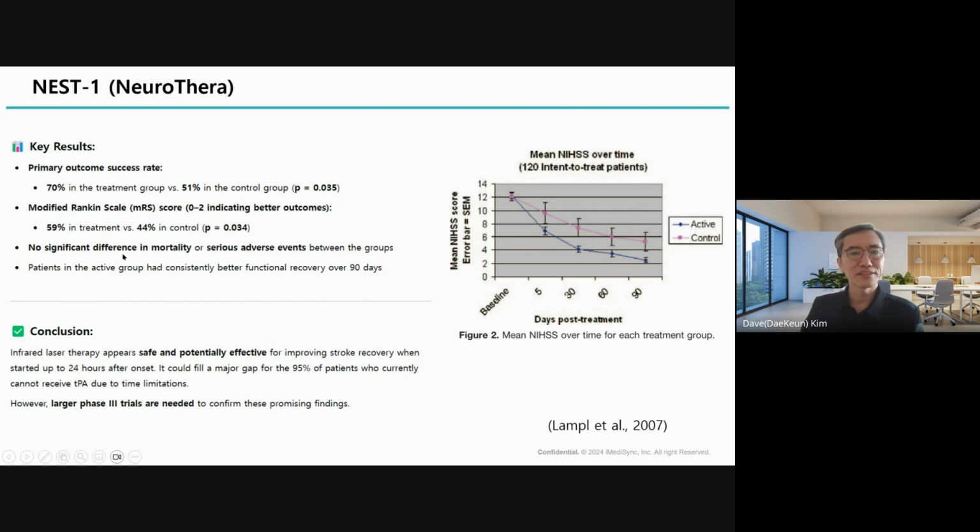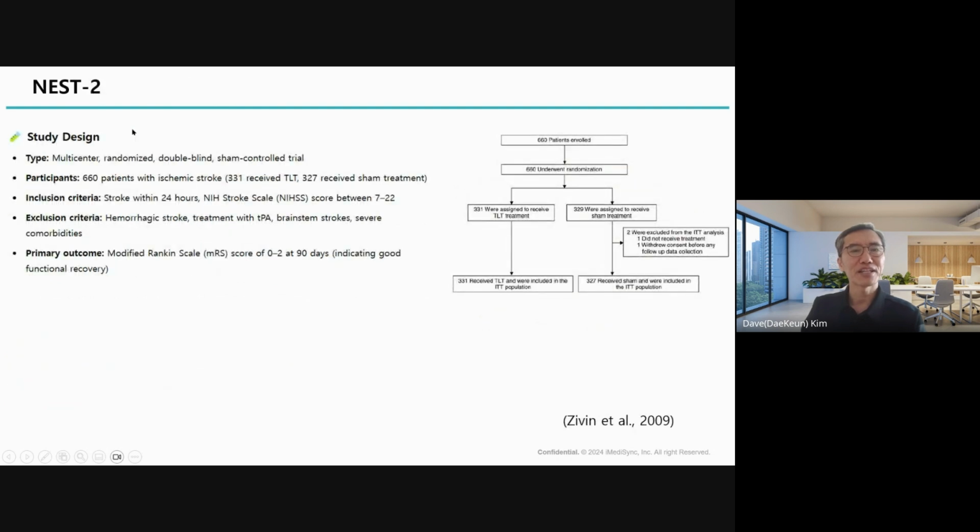But there is no significant difference in side effects. So it was safe and effective. They showed the safety and effectiveness of photobiomodulation, but the sample size is not big, so they needed a bigger study. That's why they designed the following study, NEST2.